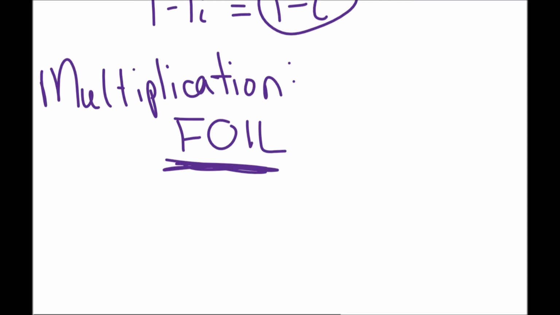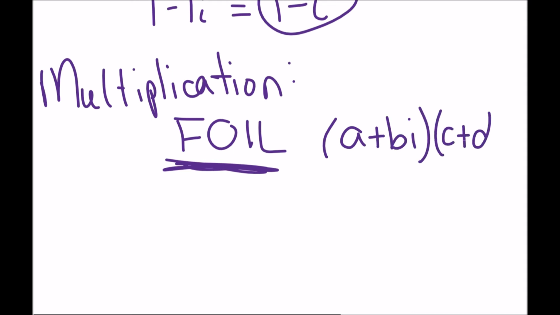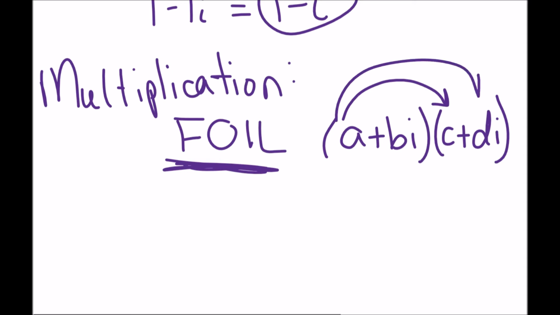I'm going to use variables first just to show it, and then we'll go into a couple examples. So we have a plus bi times c plus di. And so FOIL states first, outside, inside, last. Remember, it's based off of that distributive property.